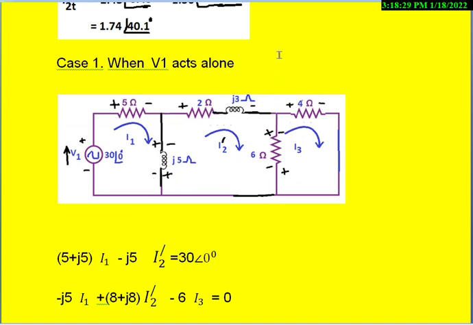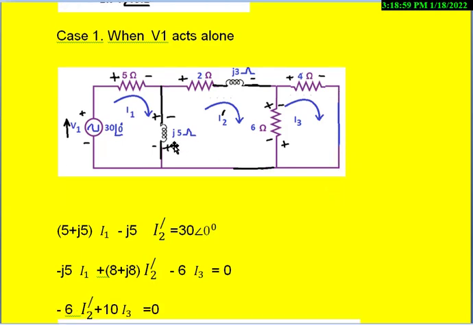So V2 should be short circuited. Because V2 is a voltage source, we have to short circuit. Suppose it is a current source, we have to open it. So then the diagram will become like this, replacing V2 with short circuit.